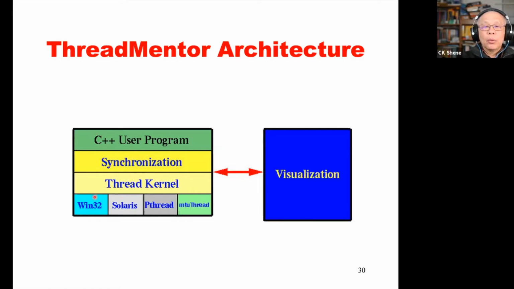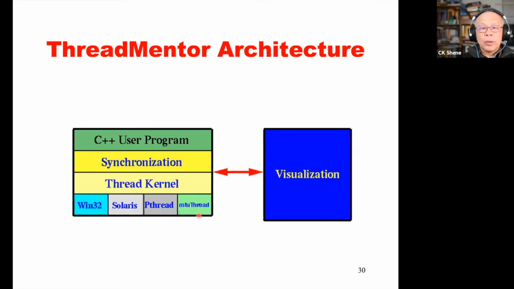So the lowest layer consists of the system part of thread support. And this system was designed more than 2 decades ago. So it supports Windows 32 and Sun Computer's Solaris system, pthread, and a thread kernel designed by a group of wonderful graduate students of this department.